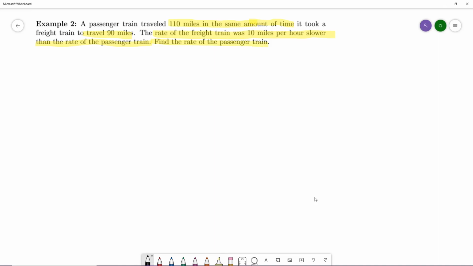So before we do anything, let's establish our variable. I'm going to use x again, and x is the rate of the passenger train.